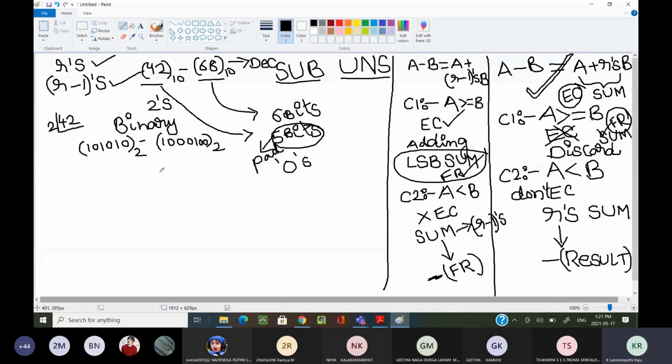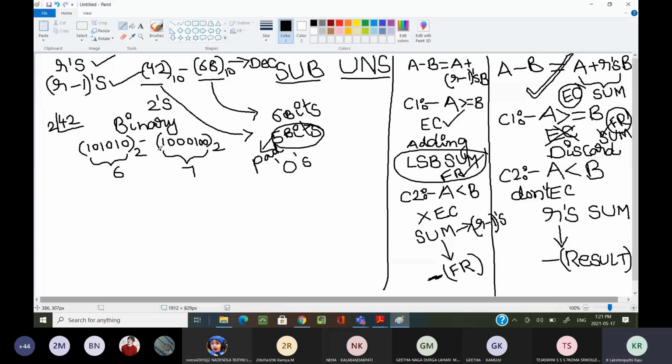Now if you count the number of bits, this number contains 6 bits. How many bits are there here? 7 bits only.